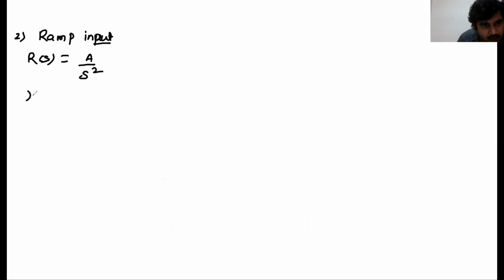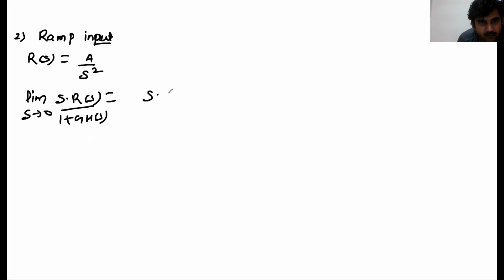We know error is given by limit s tends to 0, sR(s) by 1 plus G(s)H(s). So put R(s) as A by s square, limit s tends to 0.